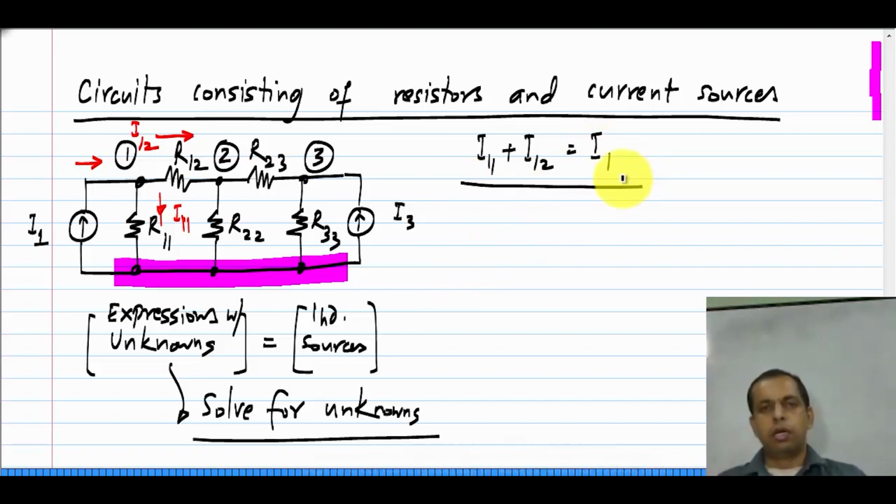Now, I11 and I12 are currents through resistors. Like I said, we are looking at circuits with resistors and independent current sources, and independent current sources appear on the right hand side. So, the left hand side consists entirely of currents through resistors.